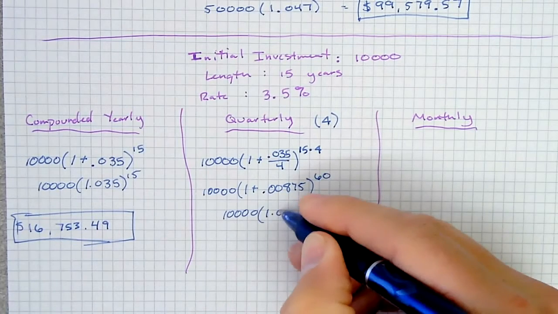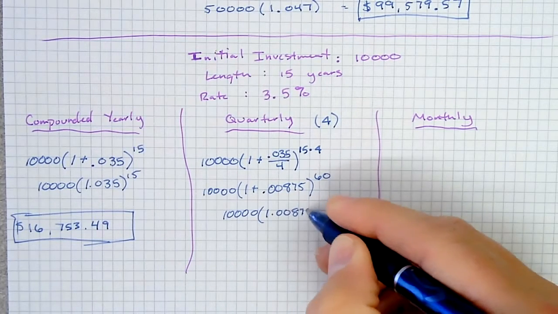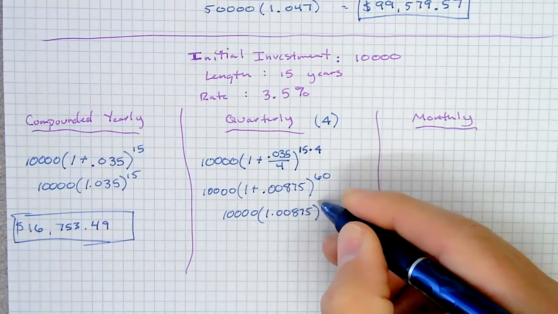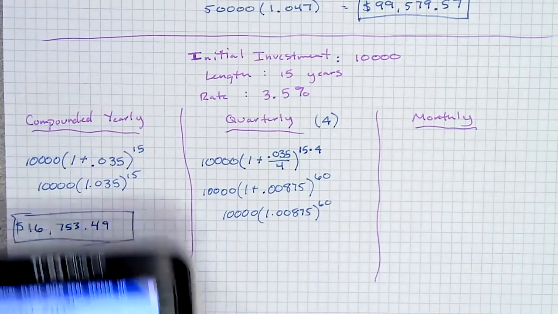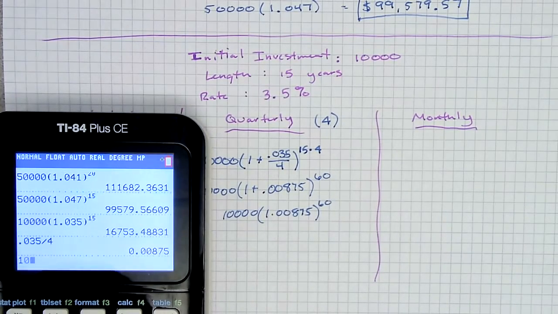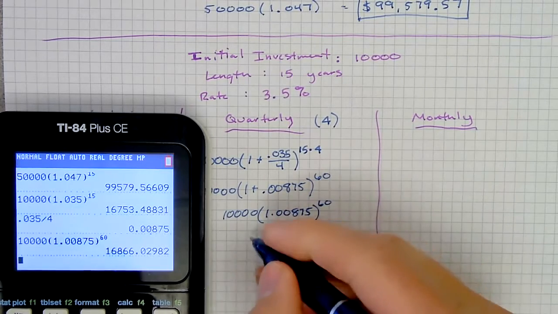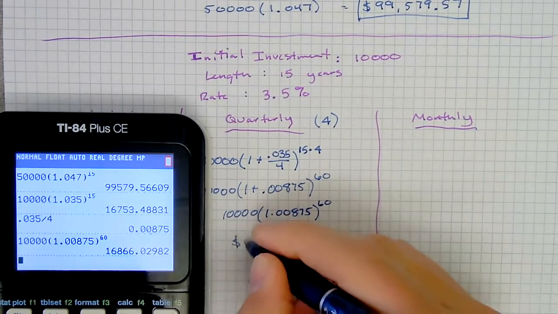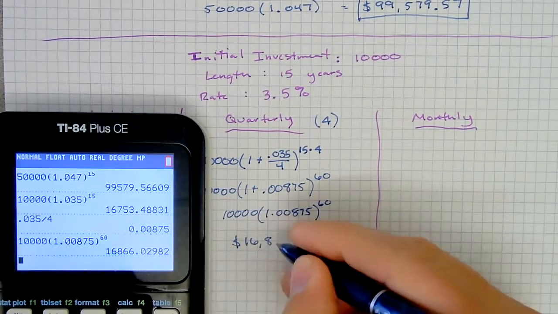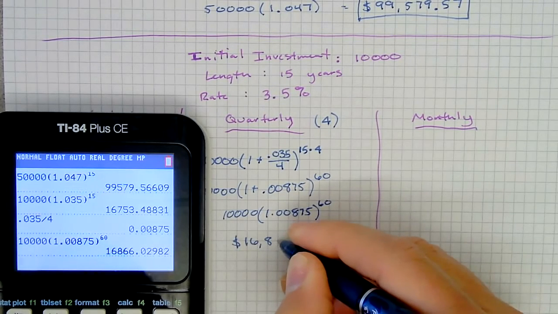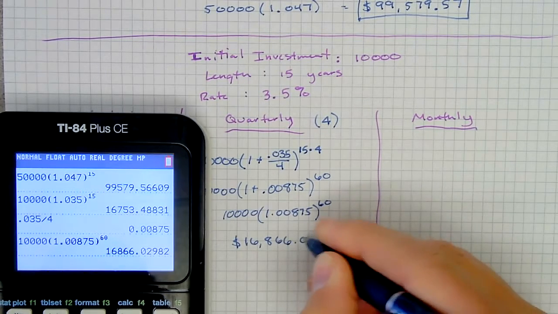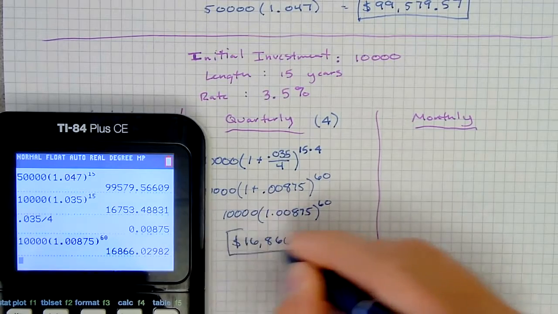So 10,000 times 1.00875 raised to the 60th means after 15 years, we'd have $16,866.03.